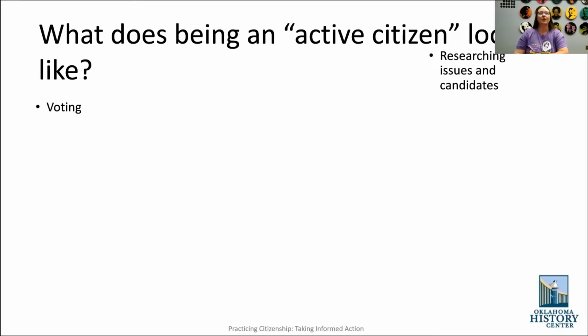So we're just going to go through and look at some other things that would indicate that somebody is really participating in the communities that they're a part of. Interviewing people that are impacted by a policy or have had an experience at an event, that would be an example of active citizenship.